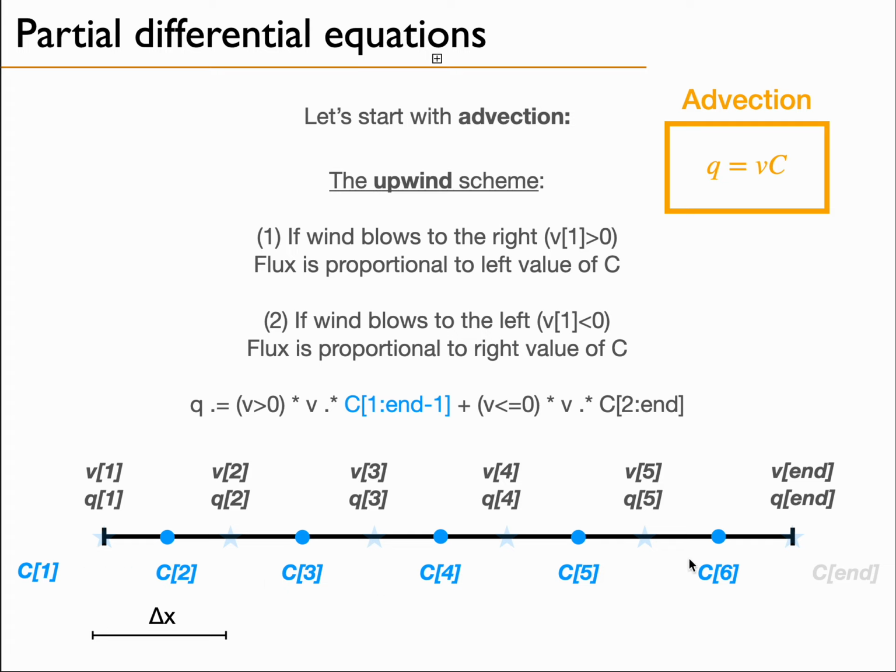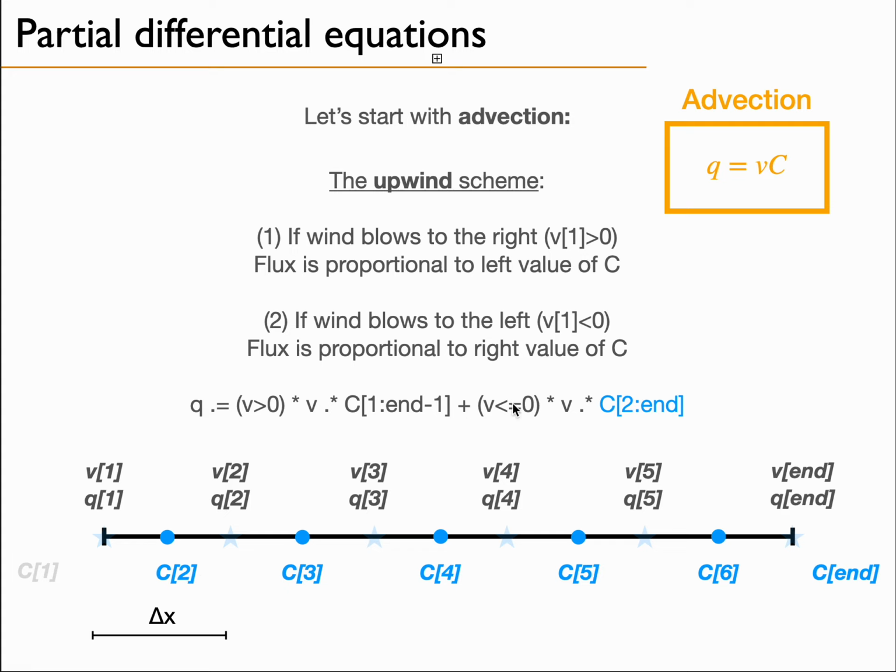If the wind is blowing to the right, you use from c1 to c n minus 1. That's what is shown here. But if the wind is blowing to the left, at the locations where the wind is blowing to the left, we want to select the neighbor which is located to the right.